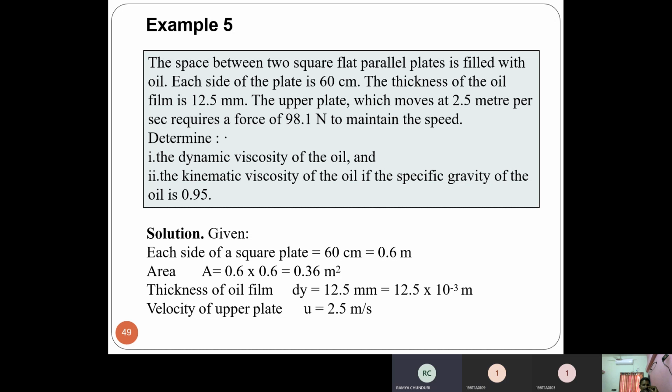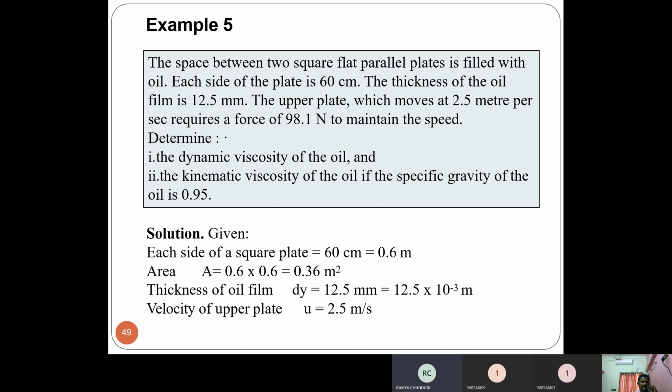Two parallel plates are there. In between these two parallel plates, oil is filled, and the thickness of the oil film is 12.5 mm. Each side of the plate is 60 centimeter.